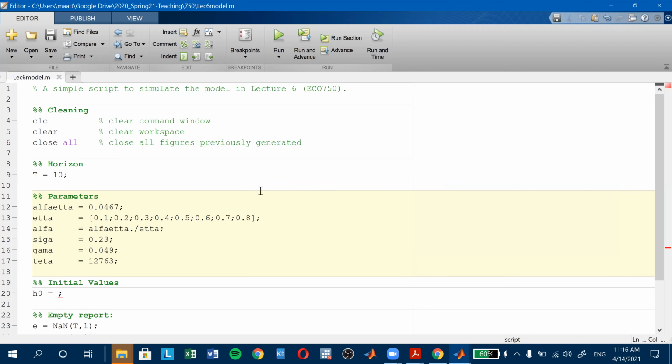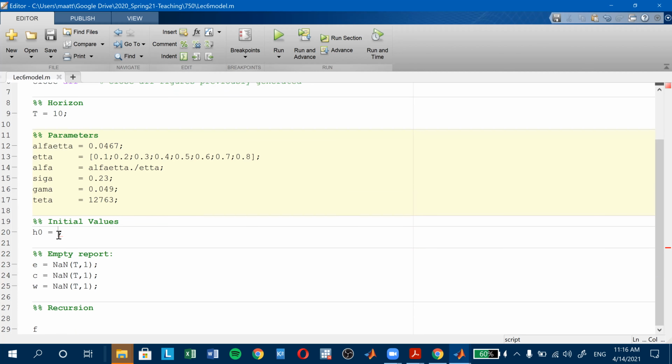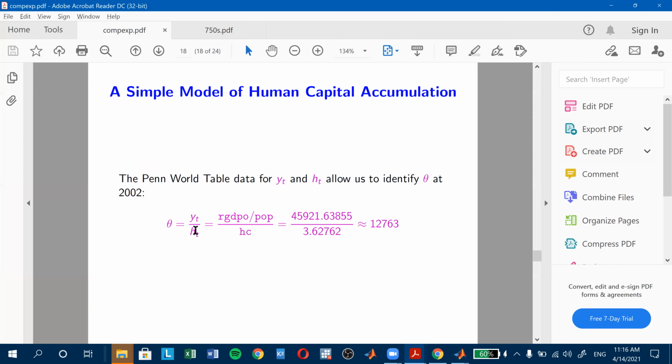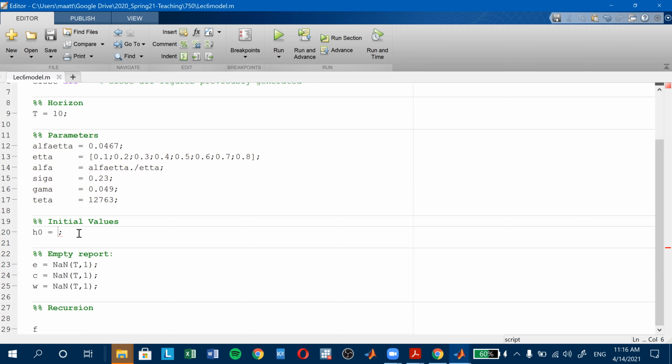Now the parameters are given, and with different eta parameters, you have different alpha parameters. Now, the initial value of human capital could be assumed to be equal to this number, because that was the 2002 value from the Penn World Table.